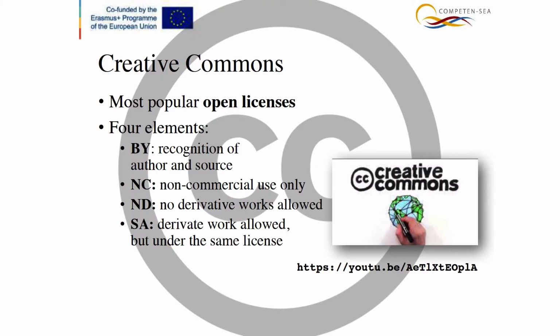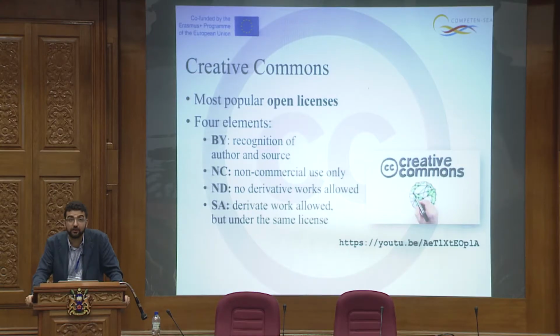Okay. So in the case of Creative Commons, you have a video there that explains this very well, but there are like 4 elements that can be included in a Creative Commons license. One is the BY, which refers to that the image needs to be recognized when used. And NC, which refers that the image can be used with non-commercial purposes only.